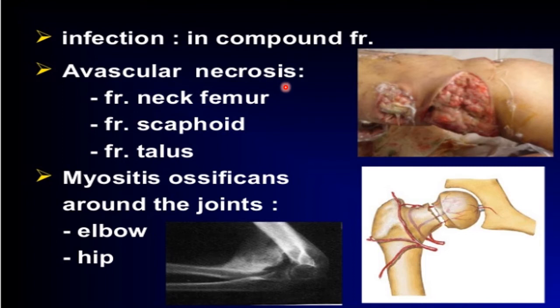In certain areas of the body, for example, in the head of the femur, in the scaphoid bone of the carpus, and in the talus bone of the foot, the overlying structures pass over these areas, but there is no muscular attachment to these bones.